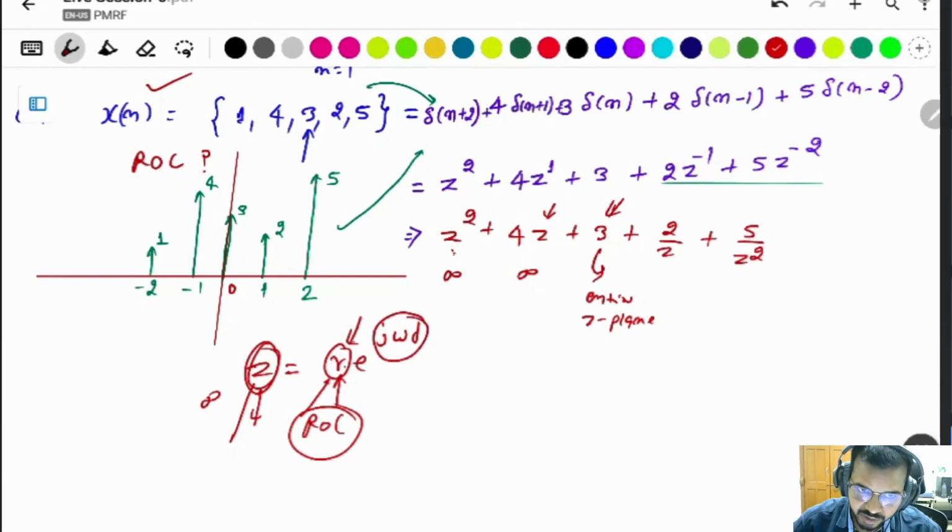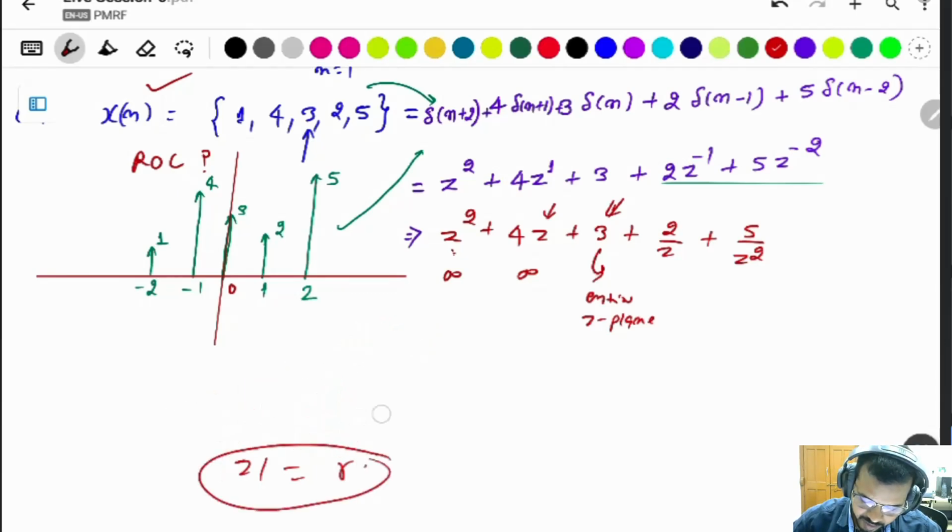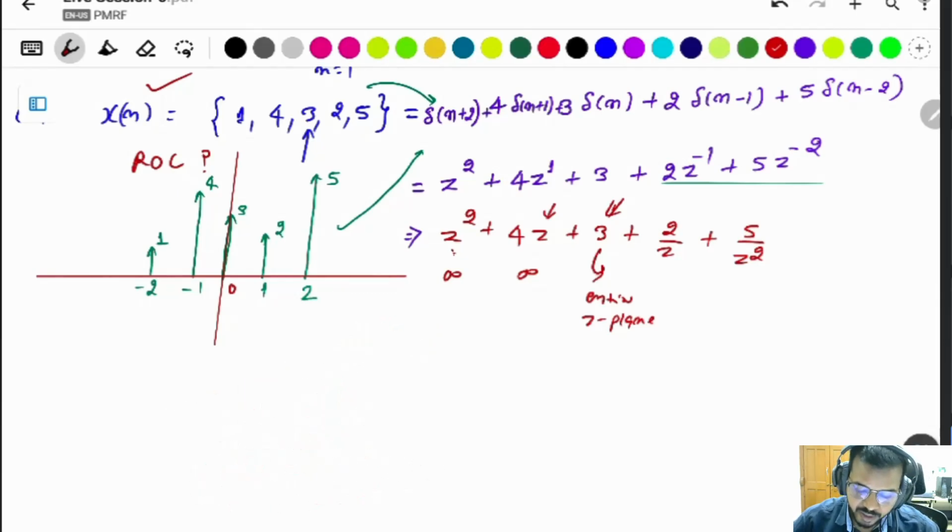Angle has no magnitude. If you put the ROC as infinity, this means directly putting Z equal to infinity. If Z is equal to infinity, the whole function will be infinity in both cases. That's why we have to choose the ROC less than infinity. Any value can be chosen, but you can't choose infinity. That's why I have taken less than infinity.